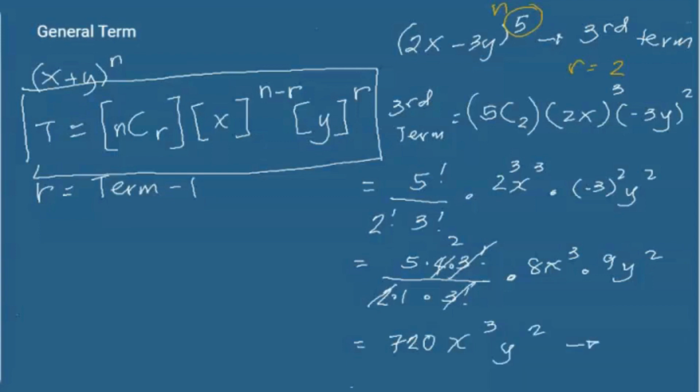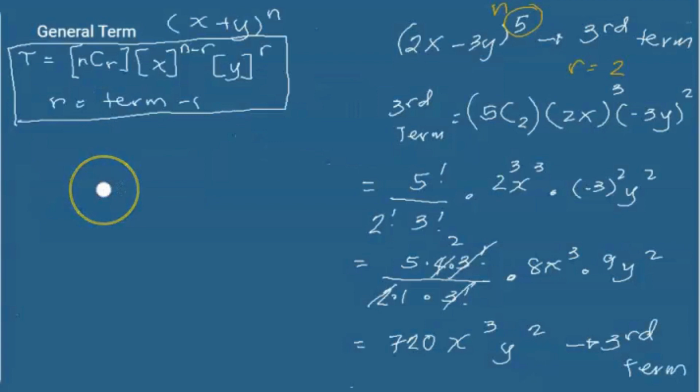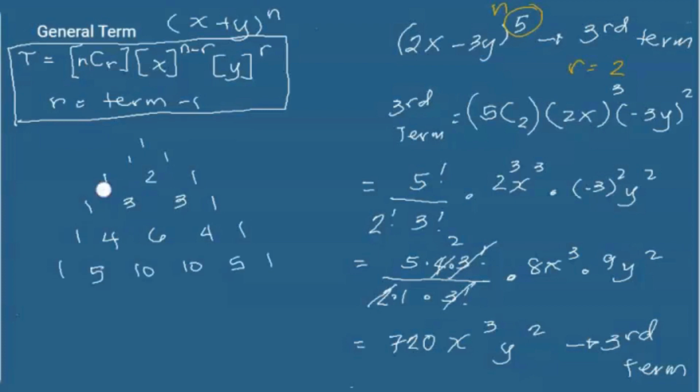So this is our third term. So let's check. Okay, so if we go back to Pascal's triangle, this is 1, 1 1, 1 2 1, 1 3 3 1, 1 4 6 4 1, 1 5 10 10 5 1.